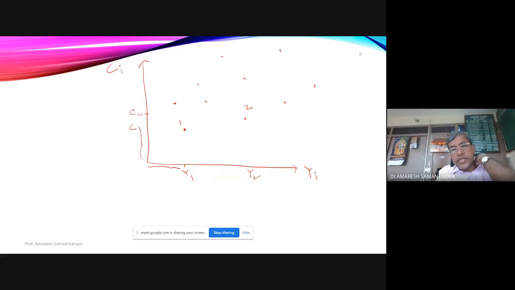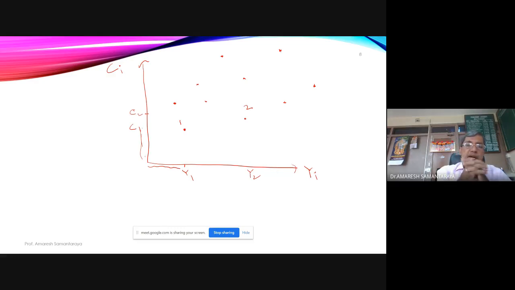So you have 10 points like this. These 10 points depict the combination of consumption expenditure and income for the 10 individuals who live in this world. Assume there are only 10 individuals in this world, and these are the consumption and income combinations for these 10 individuals, right?